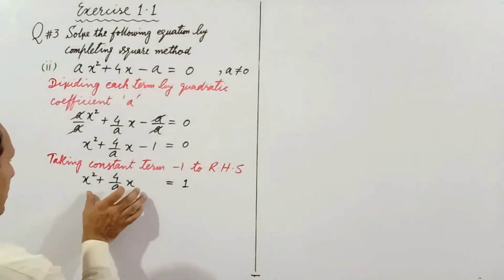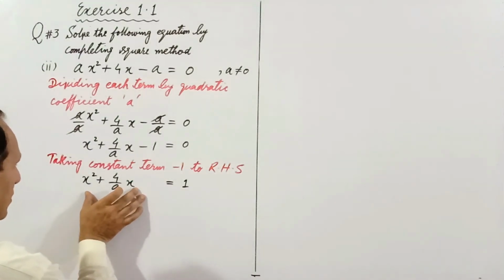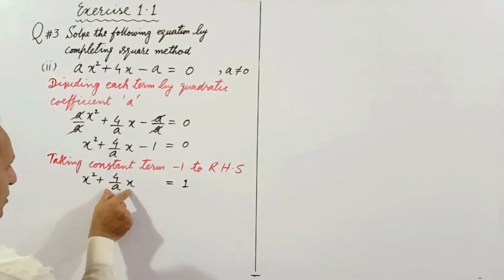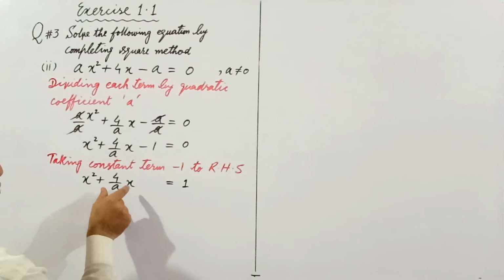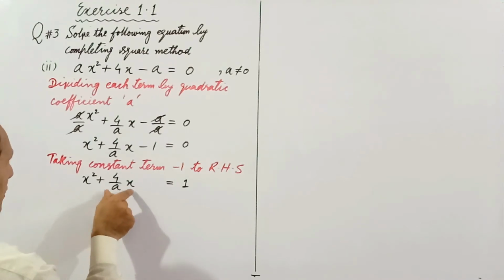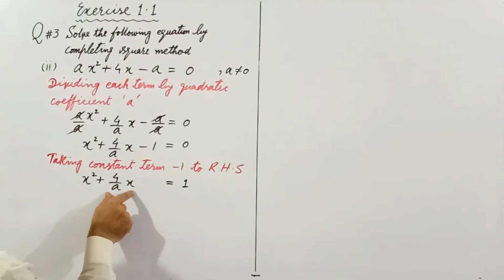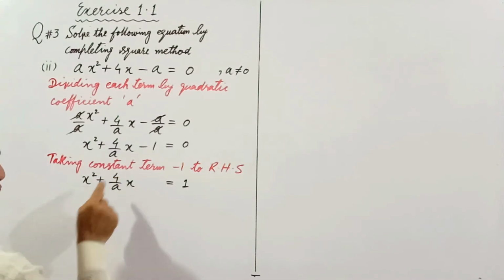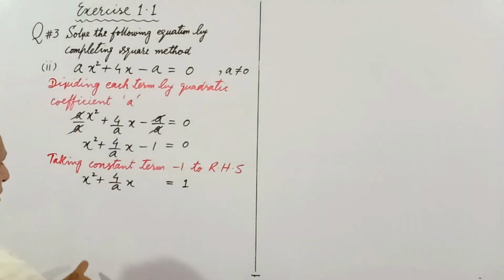As we already discussed in the previous question, we have 2 in the second term for a perfect square. So we extract it, and if we do not have 2, we multiply and divide the linear coefficient by 2. But in this case, we have 2 as a factor in the numerator.